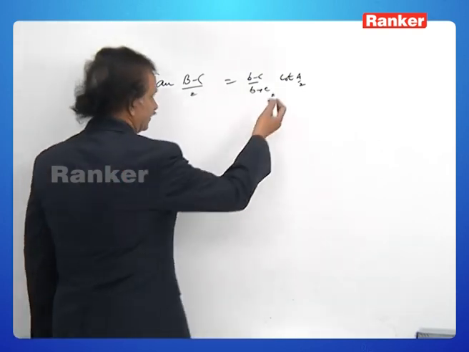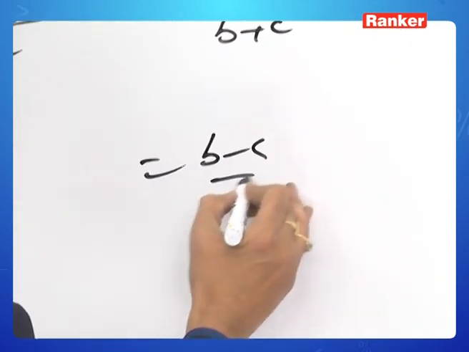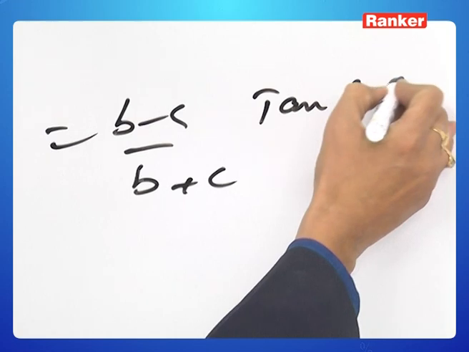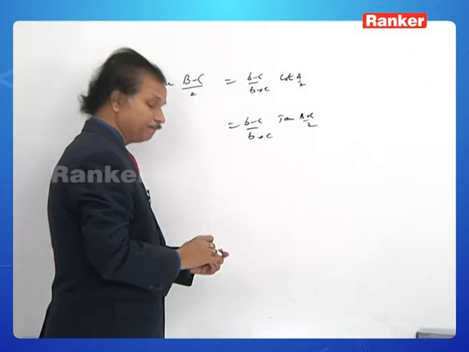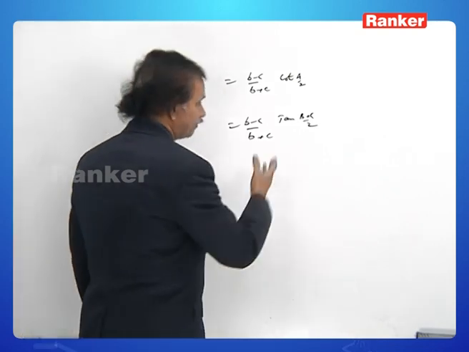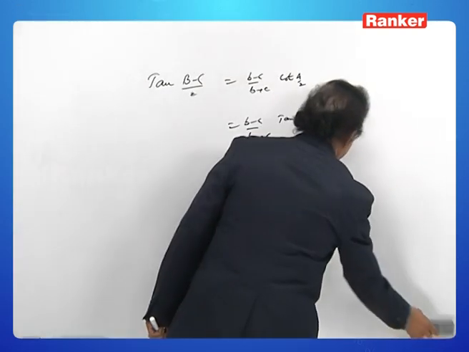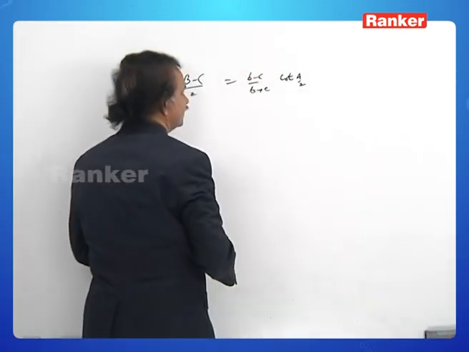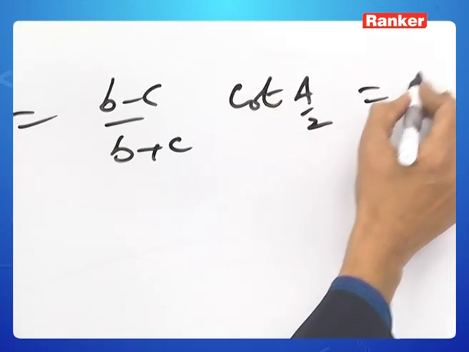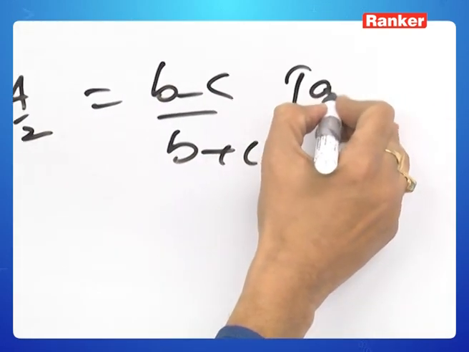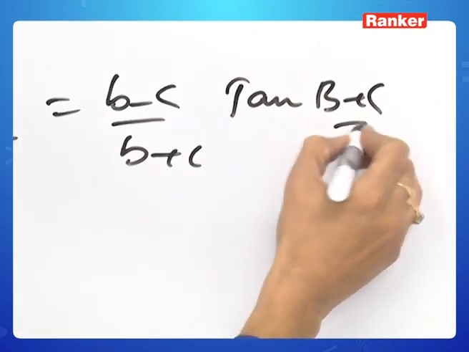Therefore, another way to write it is (b minus c) by (b plus c) tan of (b plus c) by 2. Yes, you can, because a by 2 and (b plus c) by 2 are complementary. These two are equal. So at this juncture itself, we can have this as (b minus c) by (b plus c) into tan of (b plus c) by 2.